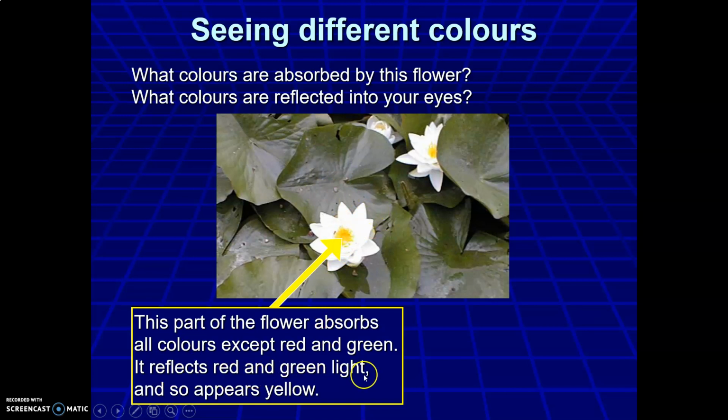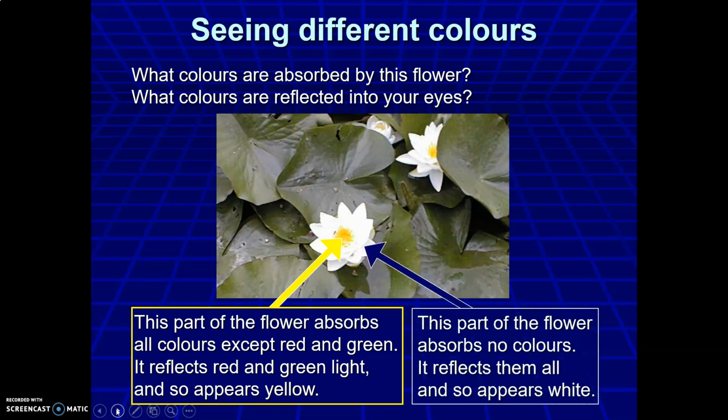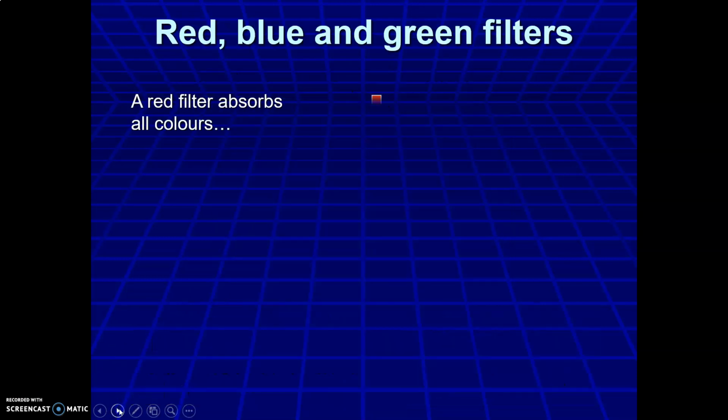It reflects the red and green light, and that's why it appears yellow, because actually in the spectrum there is no yellow. The white part of the flower absorbs nothing and reflects the whole spectrum. That's why it appears white.